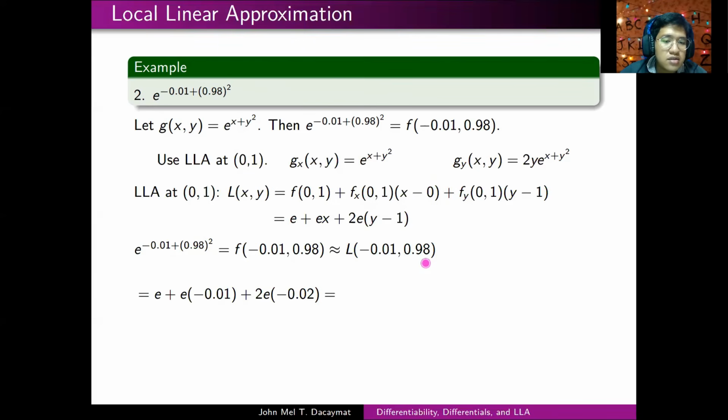Okay? So, malinaw ba yun? LLA, no? Based from 0.1, ipa-plug in ko dun si negative 0.01 and 0.98 to the LLA at 0.1. Pwede na yun. Guess nyo na yan. Okay. So, ito yan.